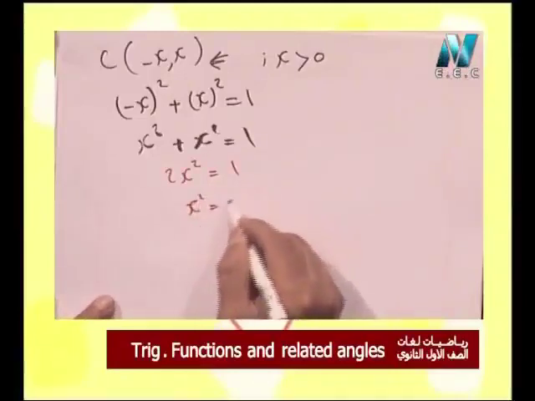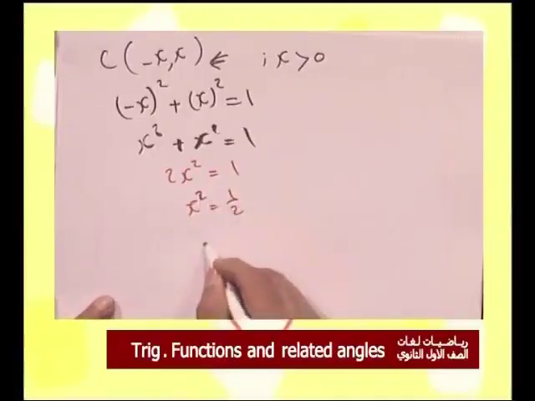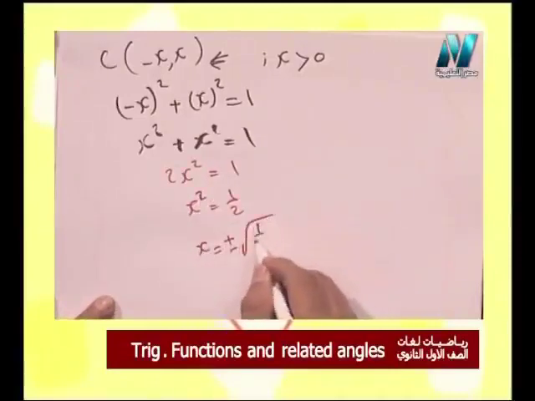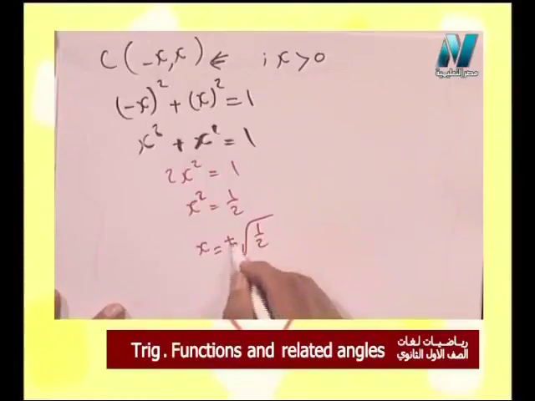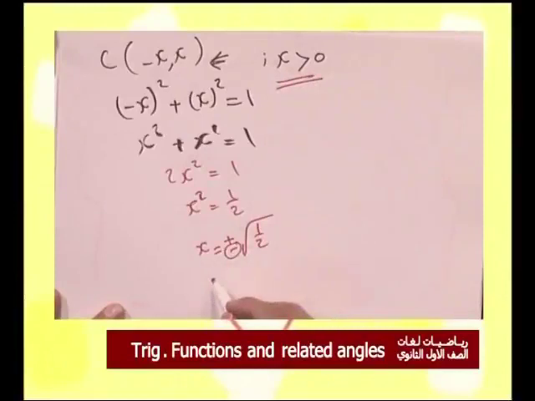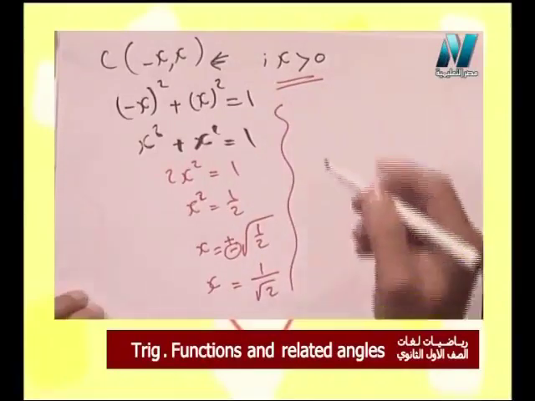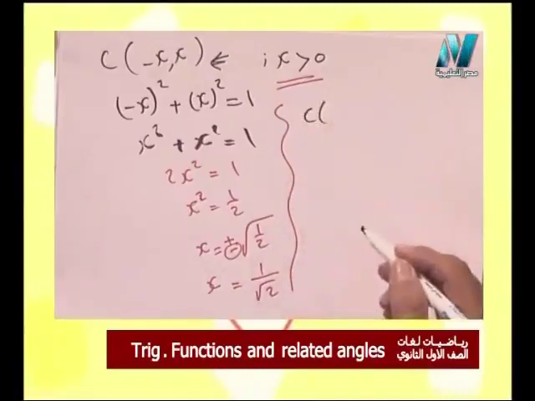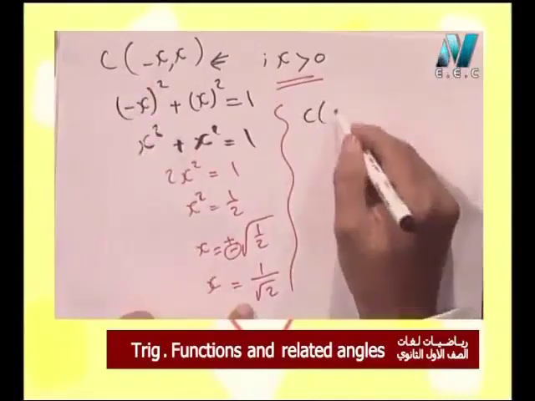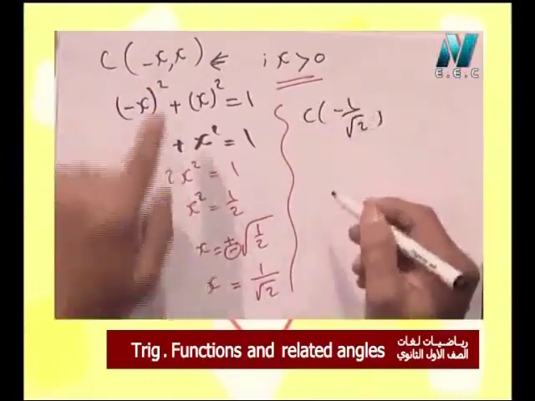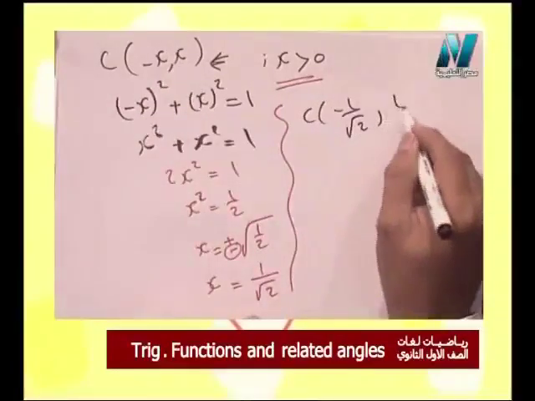x squared equals half, and x equals positive or negative square root of half. Ignore negative because he said that x is greater than 0, so it will be positive. So x equals root of 1 over 2, which means 1 over root 2. So C will be negative 1 over root 2 and 1 over root 2.